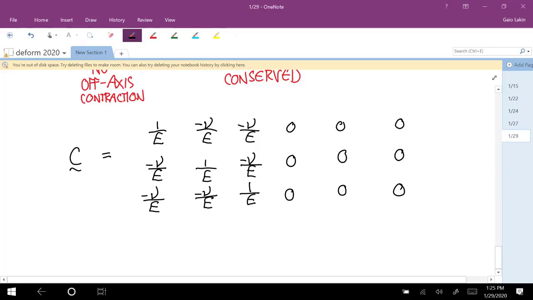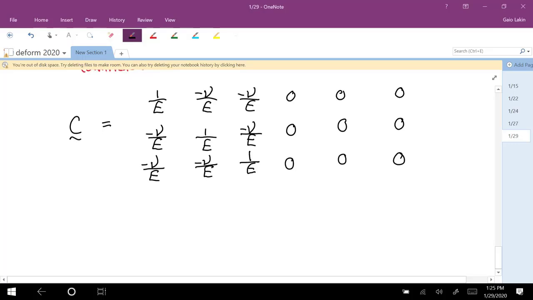So that's the first 3 of the 6 rows. And then for the next 3 rows, all 3 of them have zeros in the first 3 columns. And then 2 times the quantity 1 plus nu over E. And that non-zero value now just moves as you go down the rows.